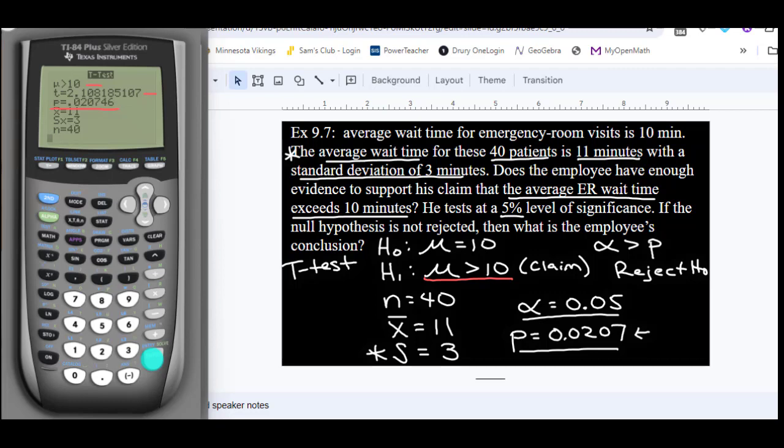Okay, and then as a conclusion statement here, now let's go back. If he tests at a 5% significance level, he actually does have enough evidence to reject the null hypothesis. We're going to make this statement and then we'll go back and answer that other question. So our final statement would be, there is enough evidence to support the claim.